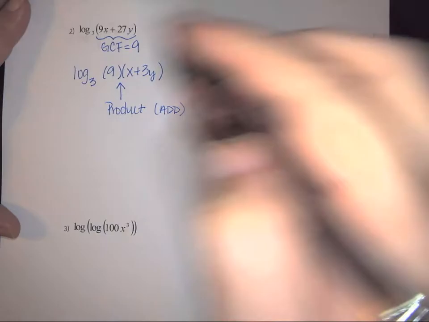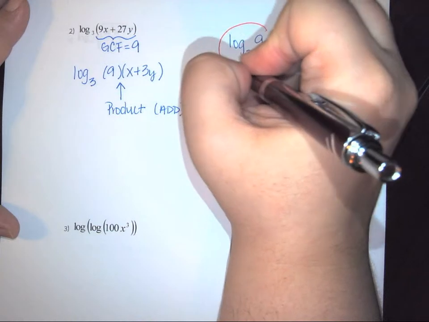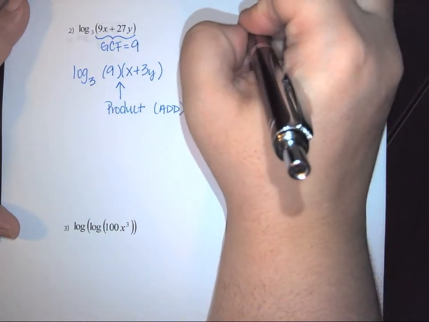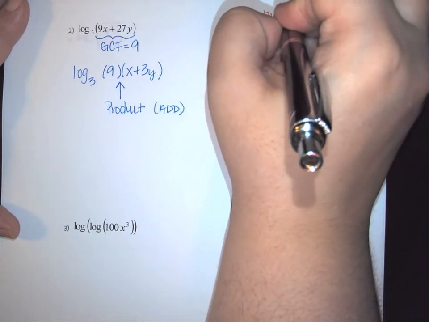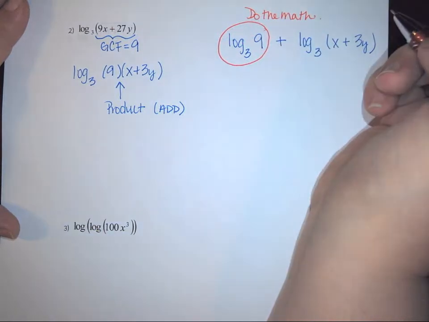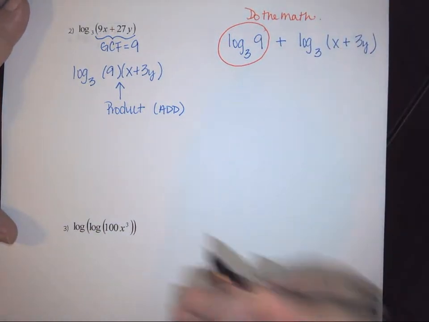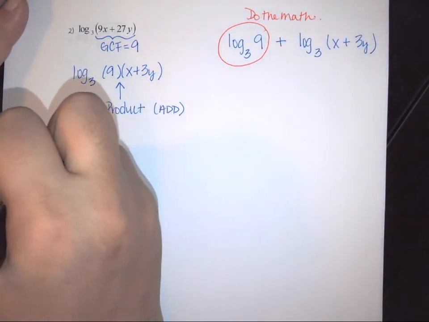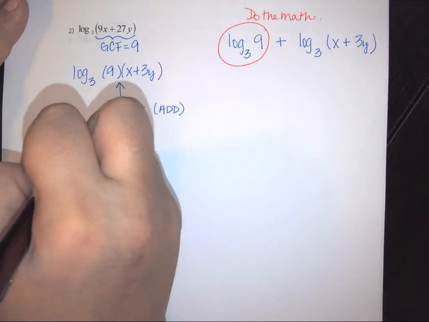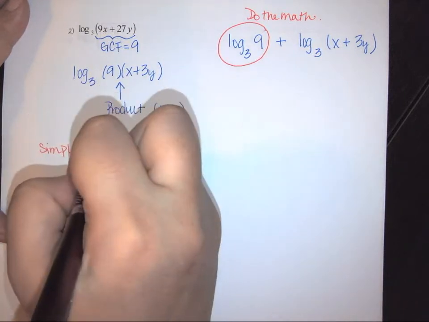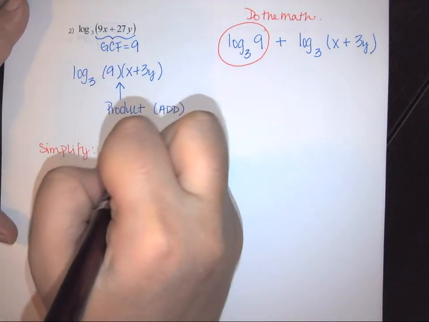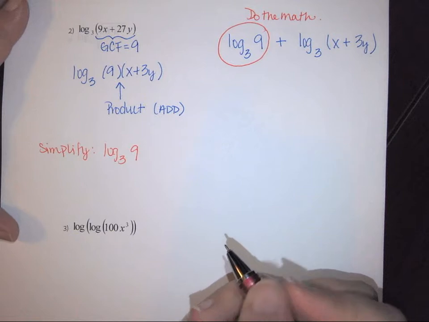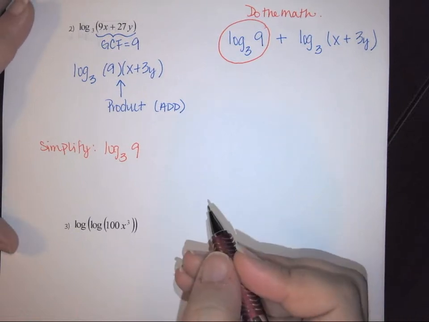Again, for this part here, this is my numerical piece, so here I need to do the math. I need to simplify the following: log base 3 of 9. Again, I can rewrite it.